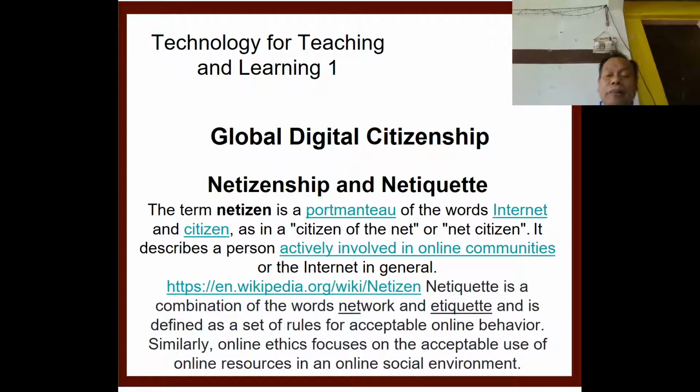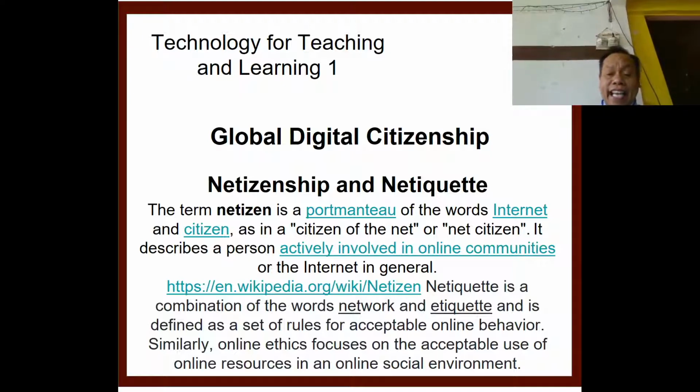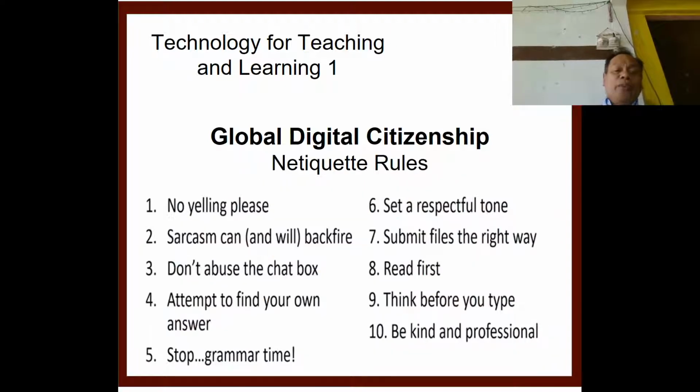Part of the global digital citizenship is the so-called netizenship and netiquette. It means that you really need to understand that once you use the internet, you are already a netizen. And as a netizen, you should have etiquette in using the network.